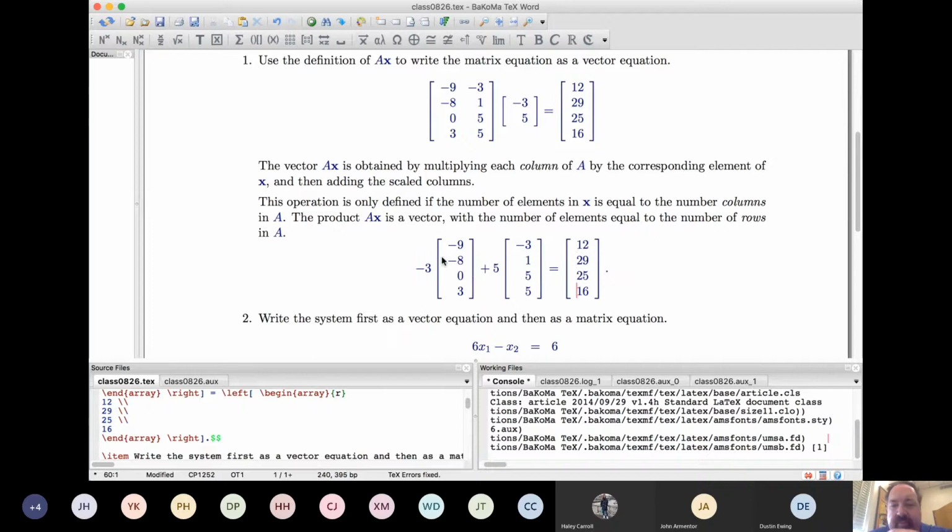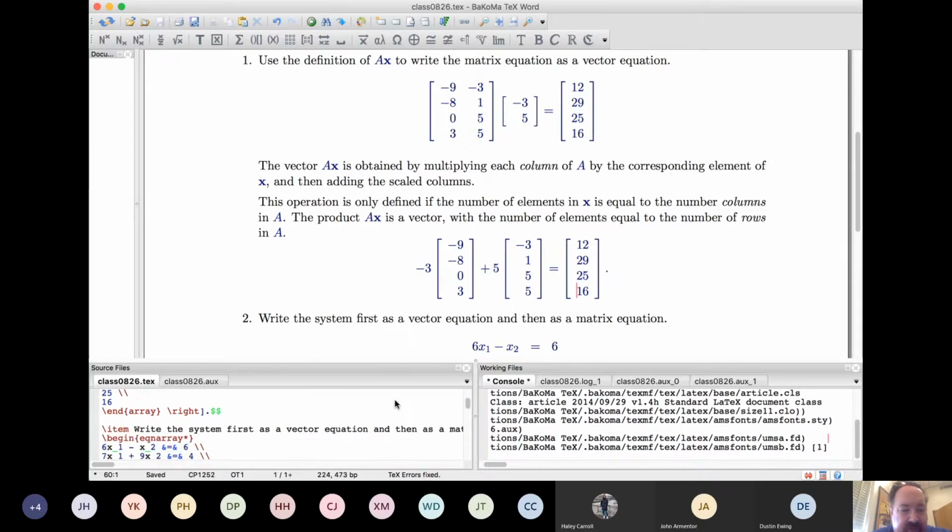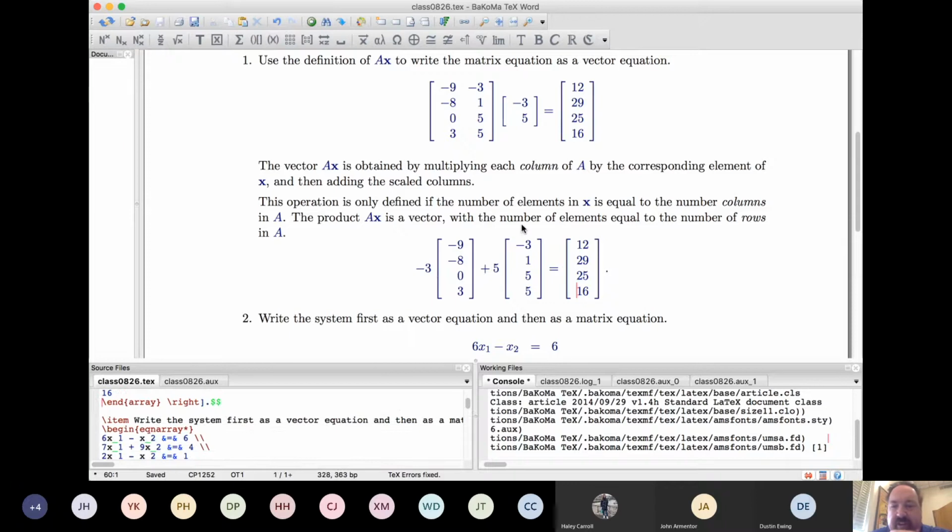Okay, so this right here is the matrix vector product. And what we have here is actually a vector equation, because we're saying a linear combination of these vectors equals this vector on the right-hand side. So this is how we go from the matrix equation up here to this vector equation down here.